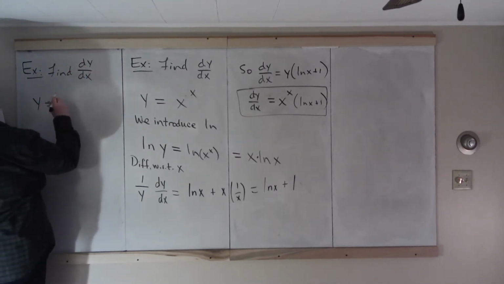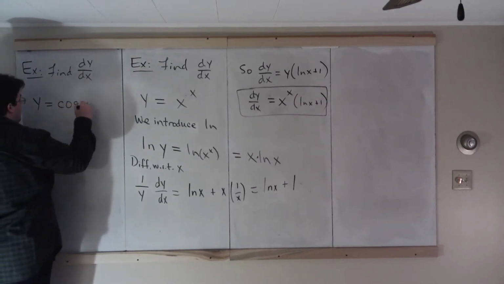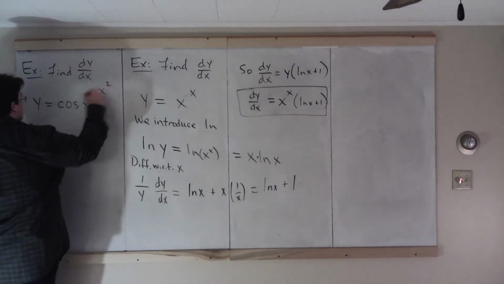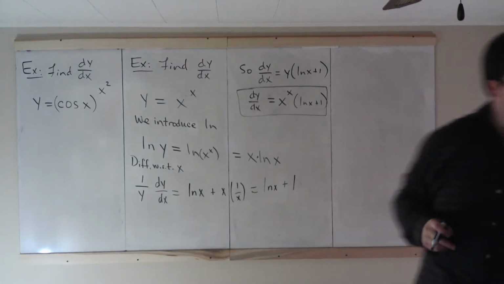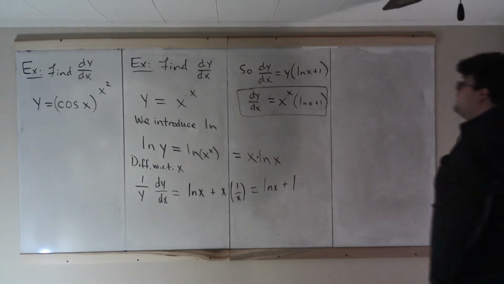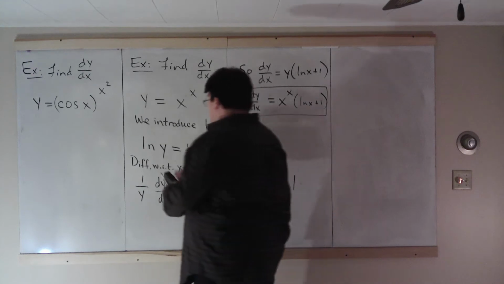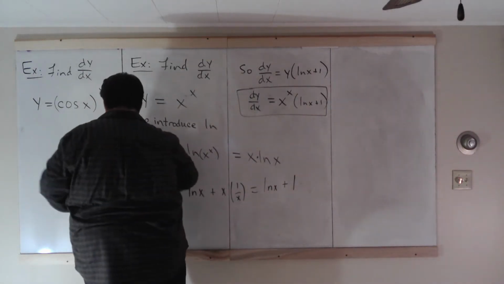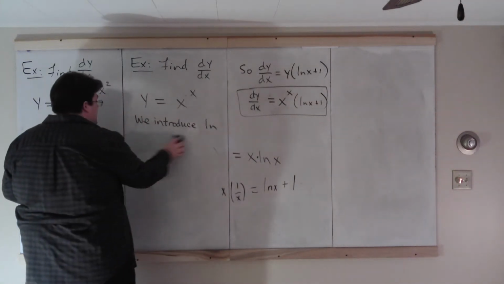y equals cosine of x to the x squared. Find dy dx here. Well, again, notice we have x's in our base and x's in the exponent. To take this derivative, we'll do the same thing we did here.